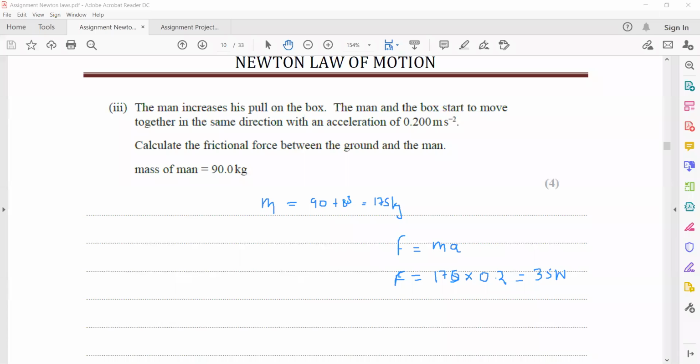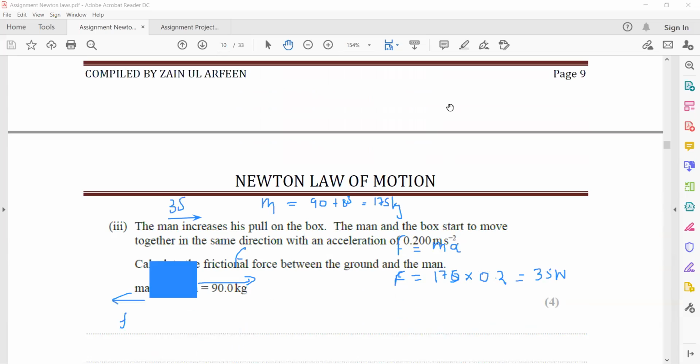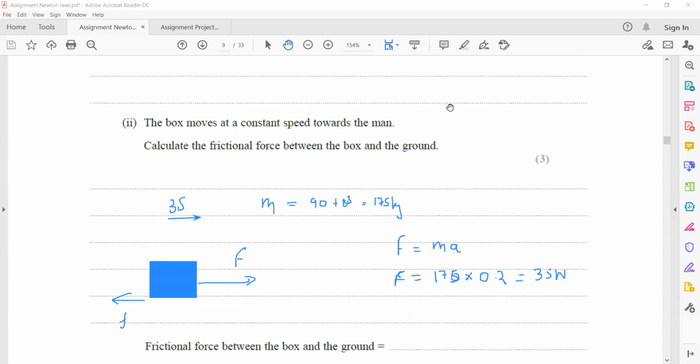Now we need the frictional force. The resultant force is 35 Newton. The force of the man minus the frictional force will give us the resultant force, which is 35. What is the force of the man?